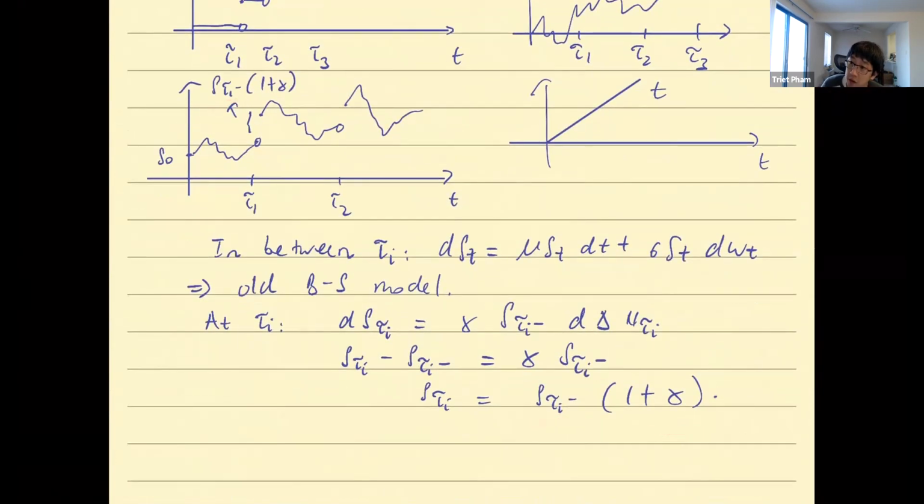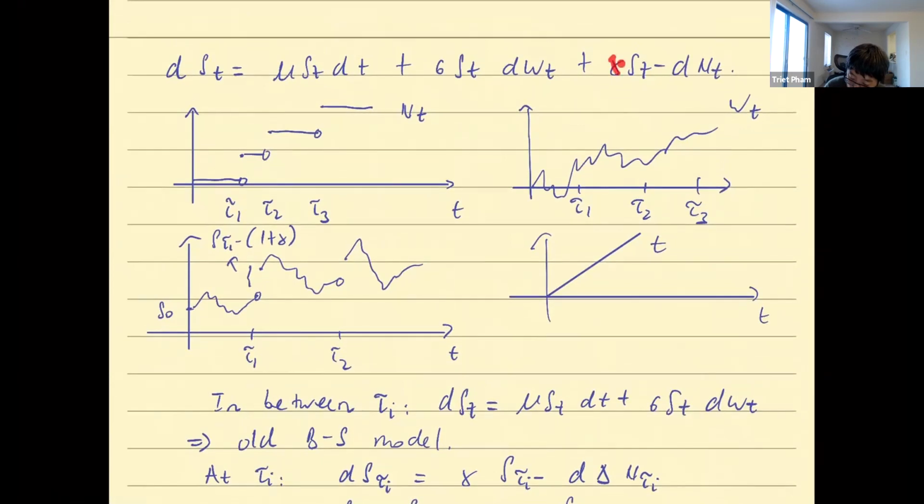Okay. So you see why we have to be super careful to plug in gamma to be a small value. If you don't have a gamma, that means you have a 1. If gamma equals 1, then you're saying that at every jump point, the stock doubles in price.